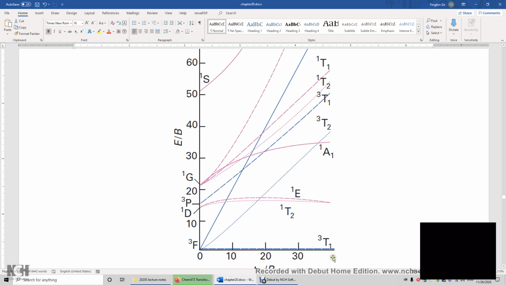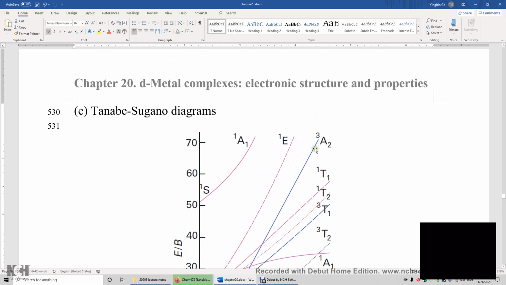Alright? The reason is very simple. Over here, we have both electrons in the t2g orbitals. Over here, one electron in t2g, one electron in the eg orbitals. Over here, both electrons are in the eg orbitals. And in an octahedral environment, the eg orbitals have higher energy than the 3 t2g orbitals by delta O. Also, you can just define the barycenter as the average energy of these 5d orbitals.